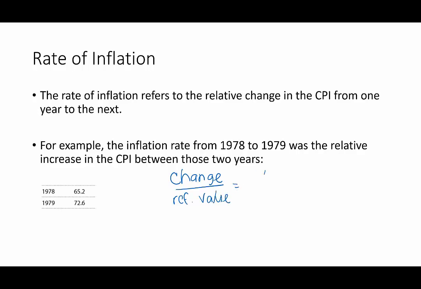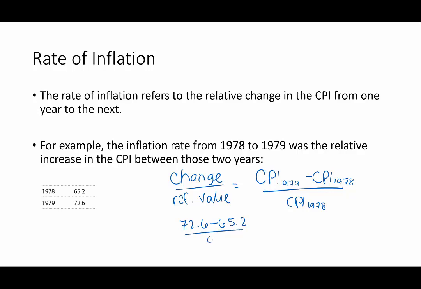So to set this up, to look for the inflation, we do the CPI of 1979 minus the CPI of 1978 and divide that by the CPI of 1978. So what numbers are we looking at? We're looking at 72.6 minus 65.2, divided by 65.2. Make sure that you're following order of operations. You want to do the subtraction first.